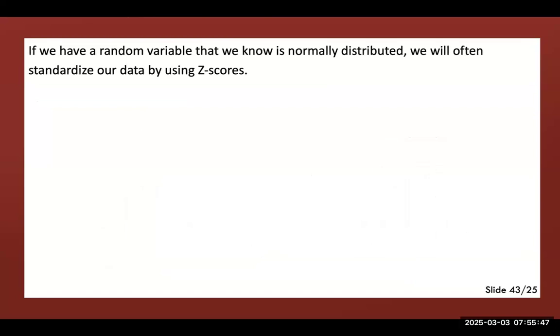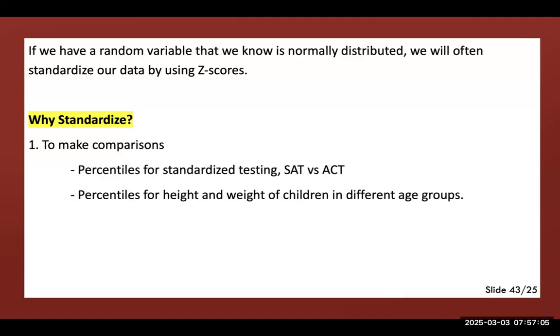If we have a random variable that we know is normally distributed, we will often standardize our data by using something called a z-score. Why would we want to standardize? Well, one reason is to make comparisons. Sometimes we want to compare two different normal distributions. For example, the SAT and the ACT. The SAT and the ACT have different means and different standard deviations.